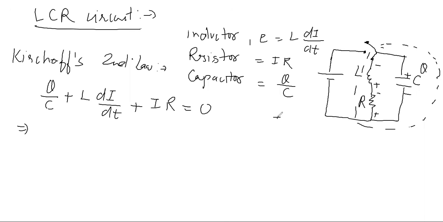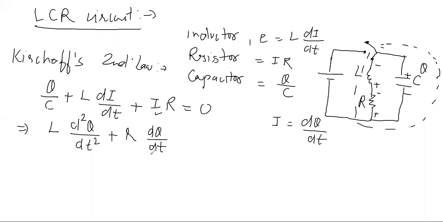Now I can slightly rewrite this equation. I can say that I is equal to dq over dt. Plug in the value of I here. You will say that L d2q over dt2, I'm writing this term first for obvious reasons because I want it to be a second order differential equation, plus R, this I can again write as dq over dt, plus Q over C is equal to 0.